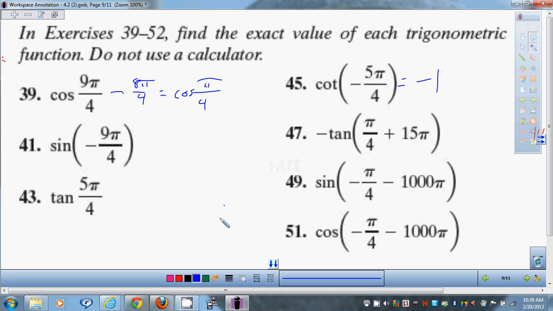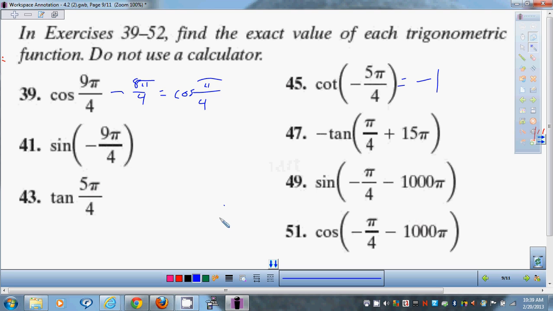Now this one, before we look at that one, think about it. If an even number of pi takes you all the way around, what do you think an odd number of pi does? It takes you halfway, exactly. So anytime you add an odd number of pi, go to the actual angle, so pi over 4, which would be at 45 in the unit circle, and an odd number of pi takes you directly across the origin.